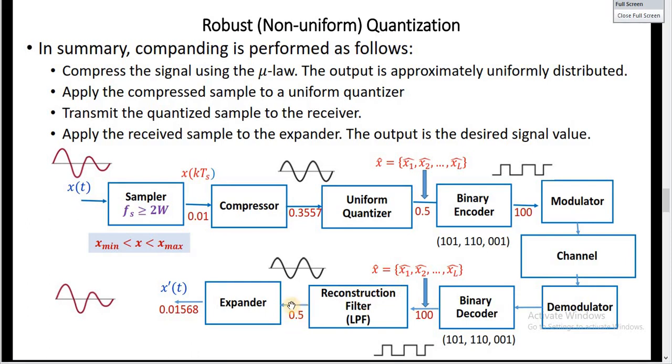Now this 0.5 is applied to the expander, and the output of the expander is 0.01568. With non-uniform quantization, this sample value of 0.01 is reproduced as 0.01568. If we have not employed the compressor and the expander, then the 0.01 sample will produce 0.5 volts.